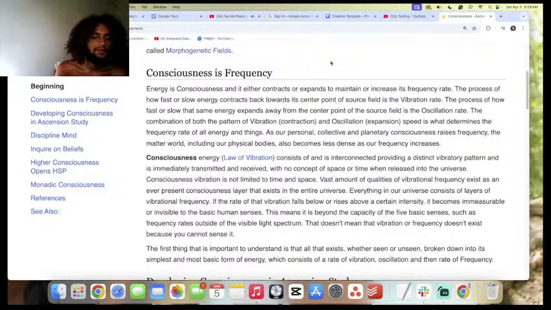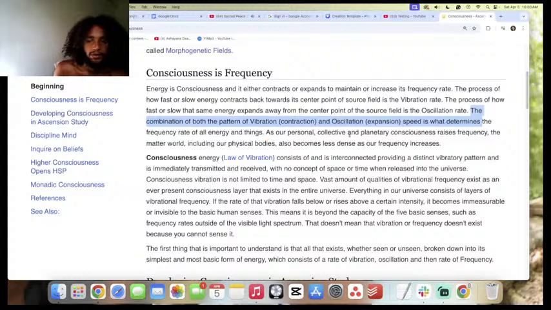The process of how fast or slow that same energy expands away from the center point of the source field is the oscillation rate. It's like I told y'all before, right? I'm gonna just finish reading it. The combination of both the pattern of vibration, contraction, and oscillation, expansion, speed, is what determines the frequency rate of all energy and things.